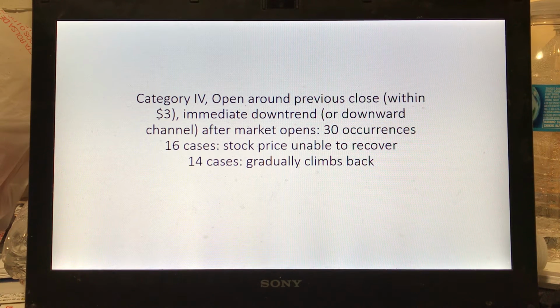Among these 30 occurrences, there are 16 cases in which the stock price is unable to recover, and 14 cases in which the stock price gradually climbs back. So we can see that this is again a half and half probability event. So we need to determine what we want to do about this.